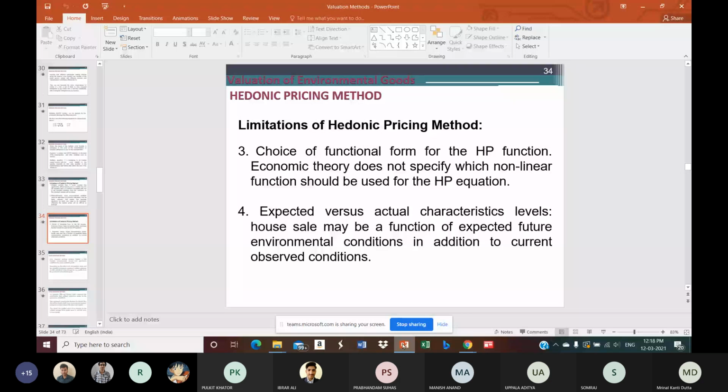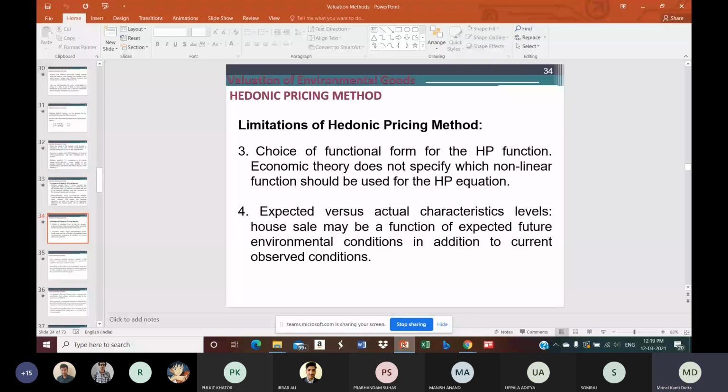So obviously, when you talk about long-term investment, expectation plays a major role. How good it will be in the future, how the environmental quality will remain over a period of time, those things are important. So we are talking not only about the current level of environmental quality, but also the future changes in the environmental quality.